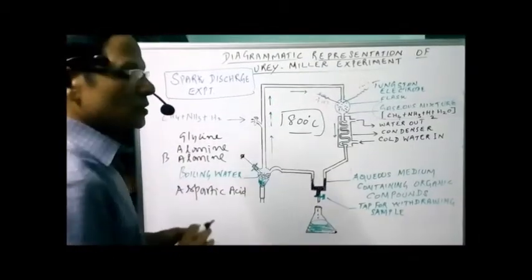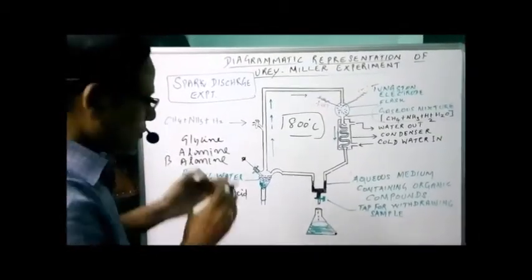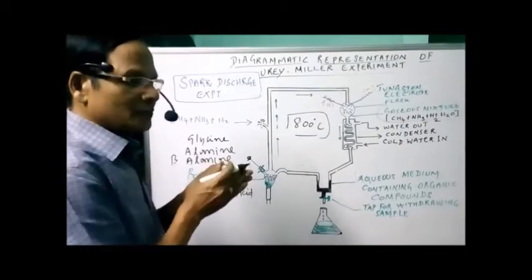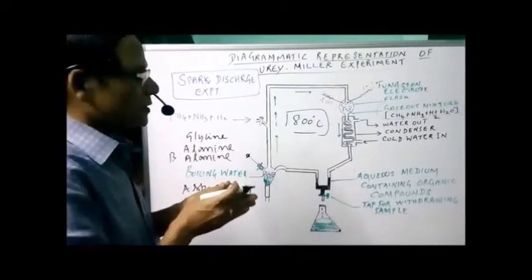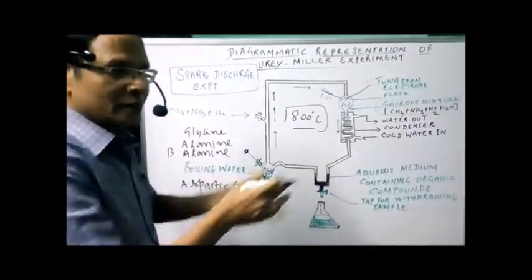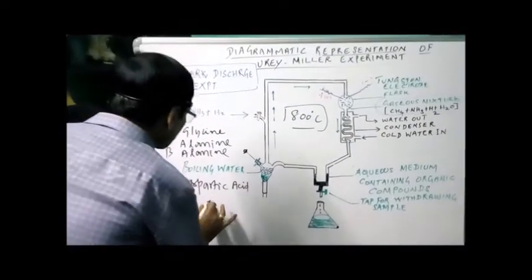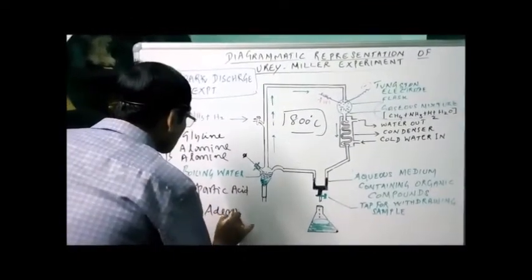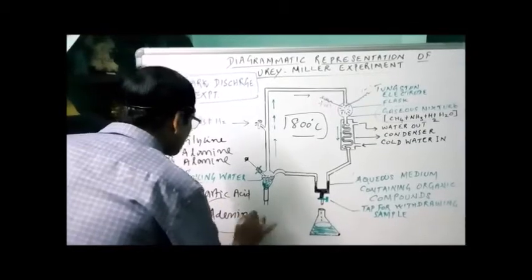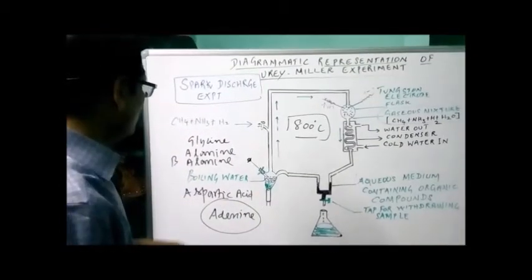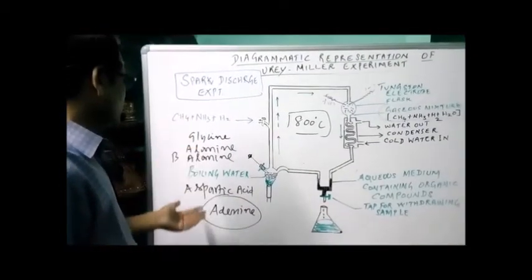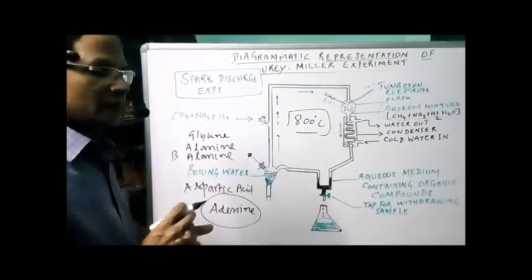The first nitrogenous base normally obtained by this method, because of condensation and various reactions in the past atmosphere, was adenine. This was the first nitrogenous base that was made. So we have glycine, alanine, beta-alanine, aspartic acid, etc.